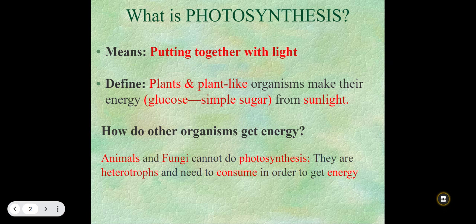But the other question then becomes, if plants can do this and other organisms cannot, how do they get their energy? And so organisms like animals and fungi can't do photosynthesis. So instead of calling them autotrophs, we call them heterotrophs. And the prefix hetero means different, and troph means energy.